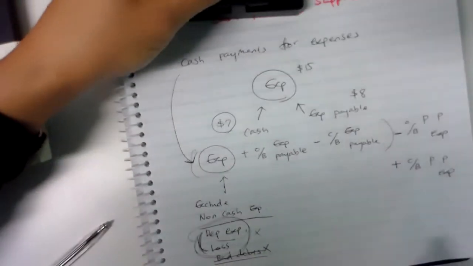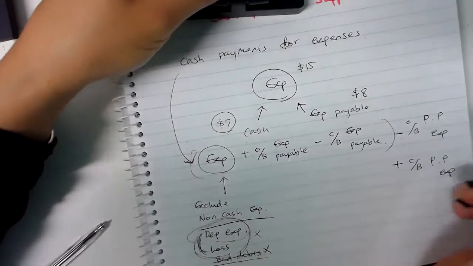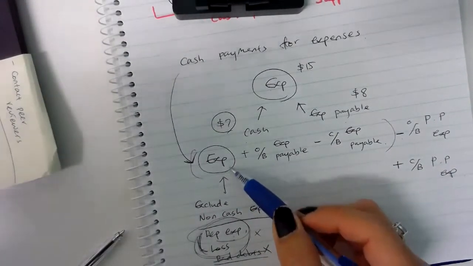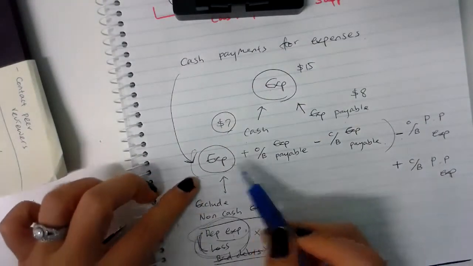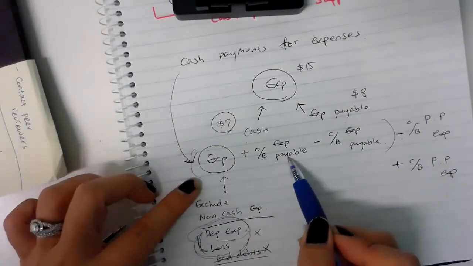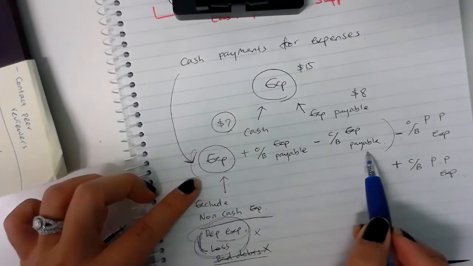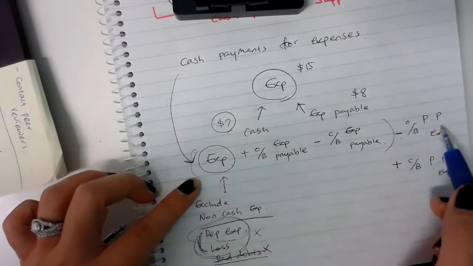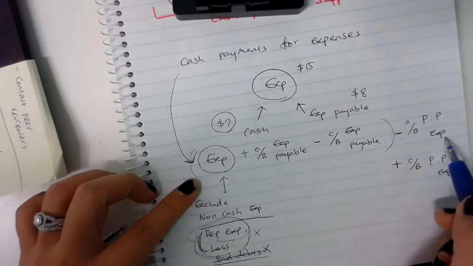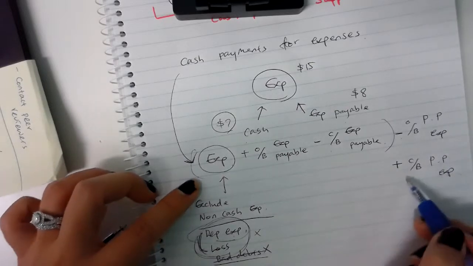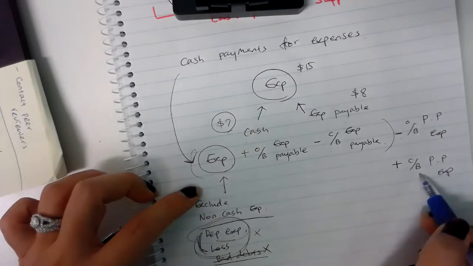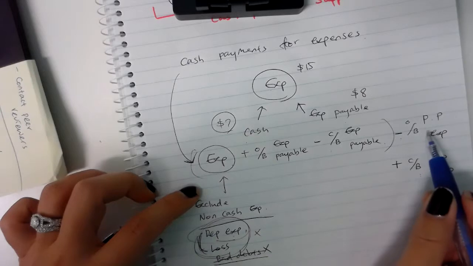So going back here, that's how we work out expenses paid, cash payments for expenses. So expense from the income statement, we add opening balance of expense payable, take away ending balance of expense payable, and then take away opening balance of prepaid expense, if any. Sometimes they don't have any. And then add the closing balance of prepaid expense, because that means it was paid during the current year.